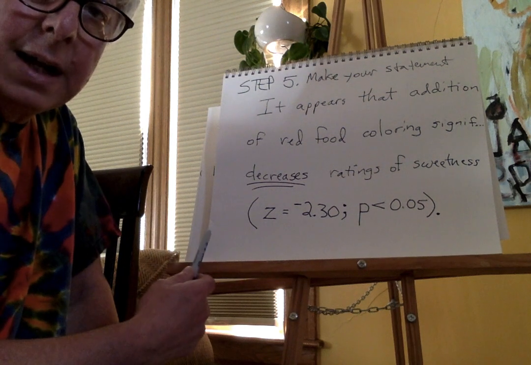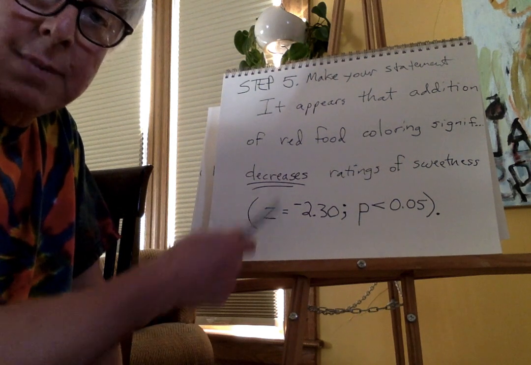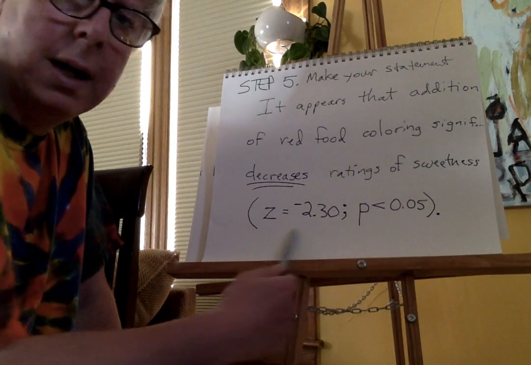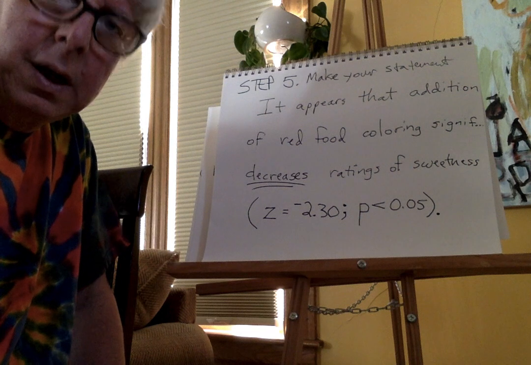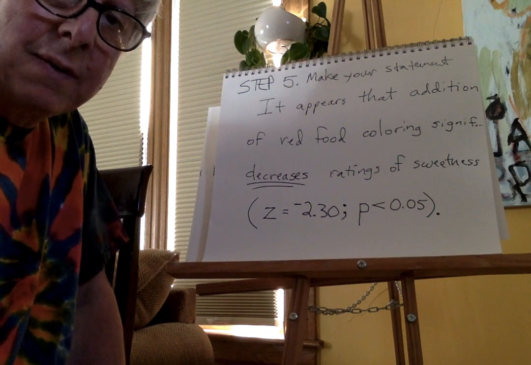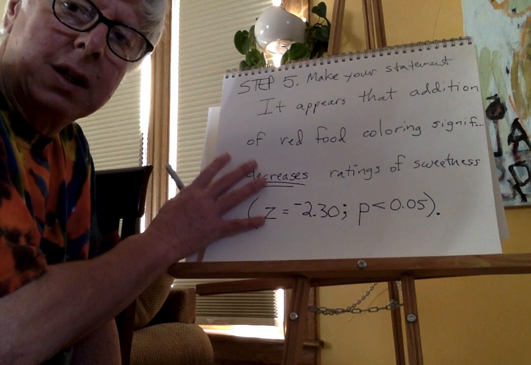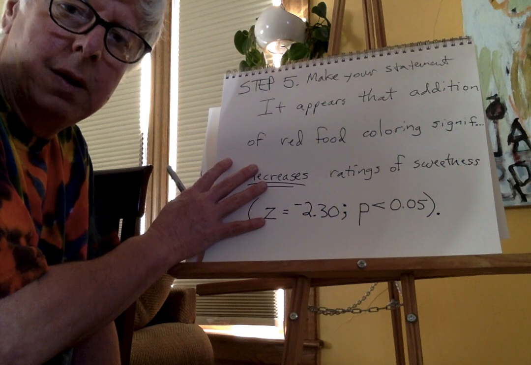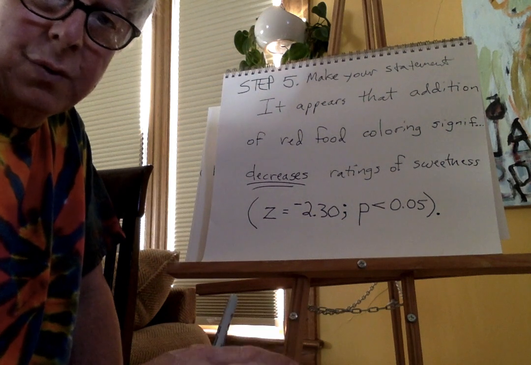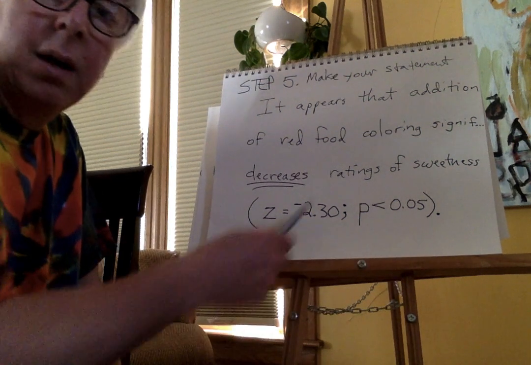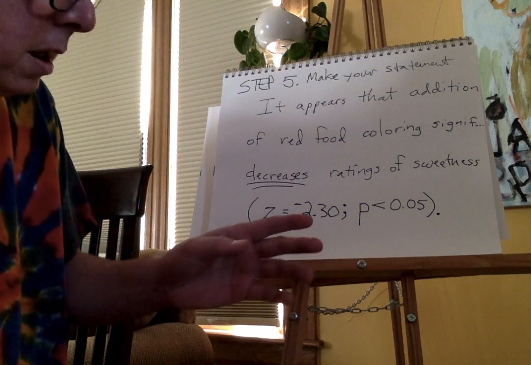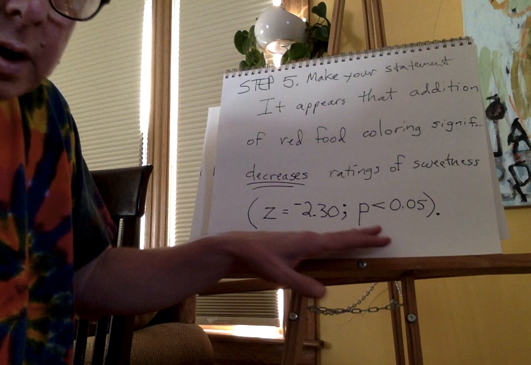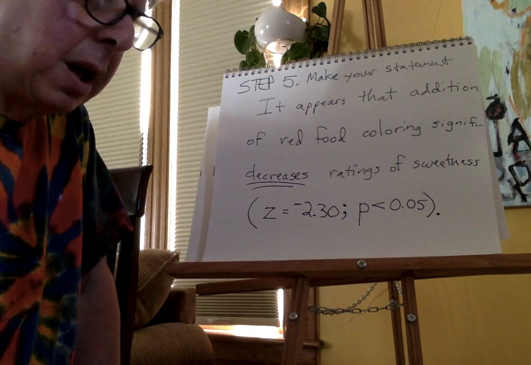We collected the data. There's empirical evidence to make this statement. And here's how I'm encapsulating it. All steps 1 through 4 are steps that you never see. This is what you're going to see in a journal article, okay? It's important to do steps 1 through 4 to get to this point, but here's the conclusion, okay? Now, before I talk about this a little bit more, I want to talk about our lab.